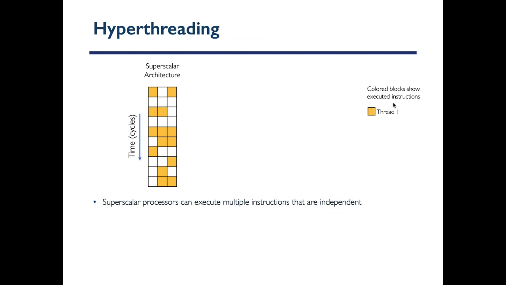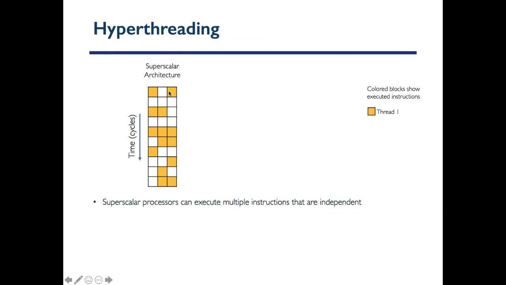Those of you who are taking the computer architecture course this fall are going to see this. So basically what this means is that on the x-axis here, horizontally, we have a system which can execute 3 instructions at any given time.